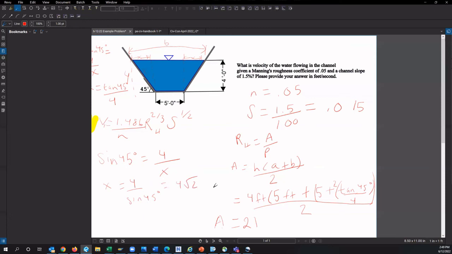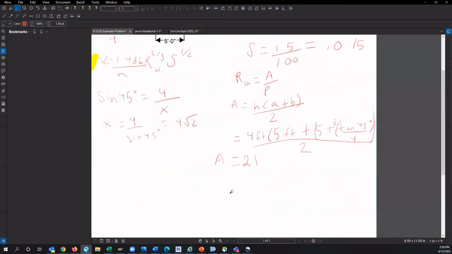So now if we want to find out what the entire perimeter is, we know that this side is equal to 4 root 2. So we're going to have 4 root 2 plus 5 feet plus another 4 root 2 over here. So the wetted perimeter is two times 4 root 2 plus 5, which is equal to that value.